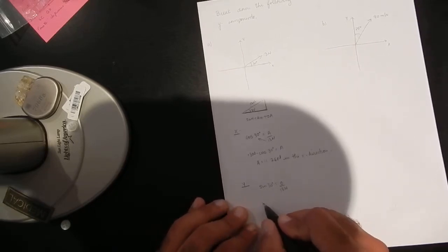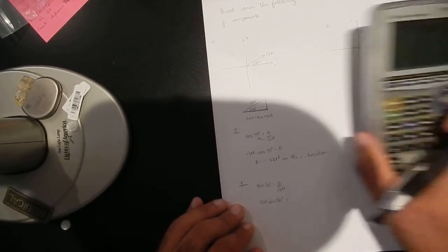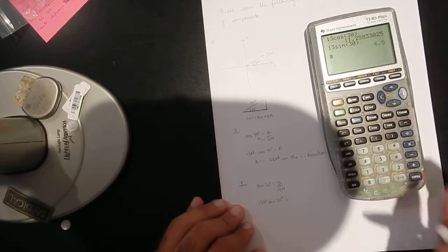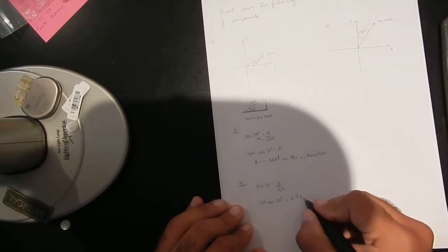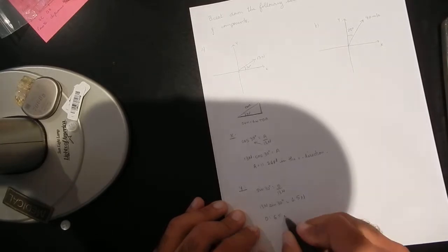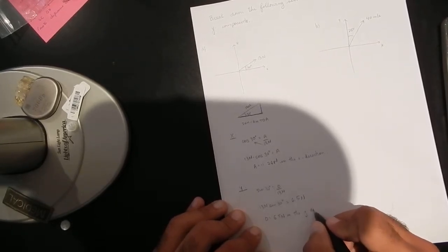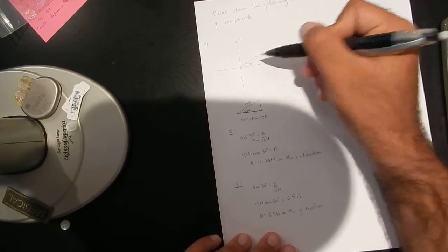And if we do the algebra, 13 newtons times sine 30 is equal to 6.5 newtons. So the opposite is equal to 6.5 newtons in the y direction. All right, so here we broke it down into an x component and a y component.